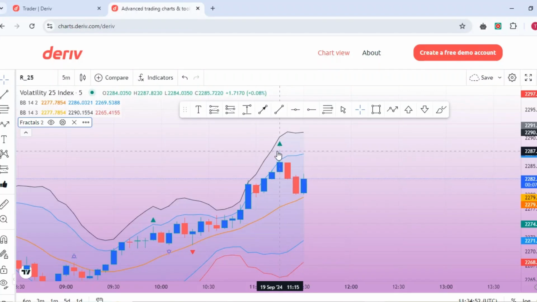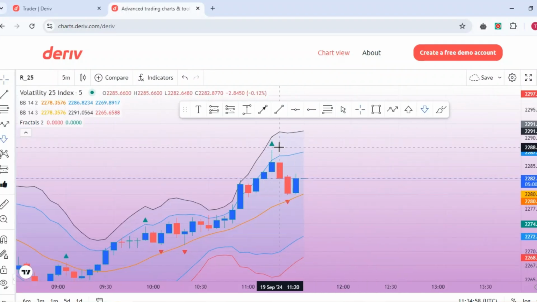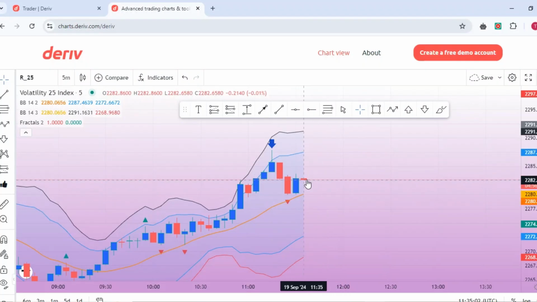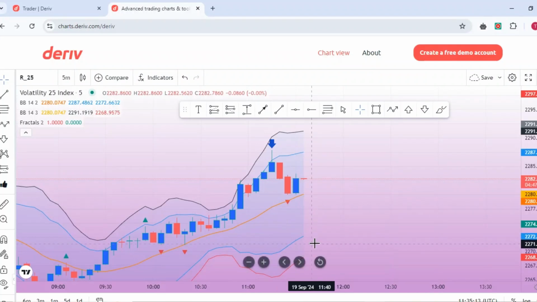This one has entered that zone, already showing me we will go down. Understood? So as a trader, what will you wait for? This candlestick now forming to break down below this median line, and then you will take a trade down.